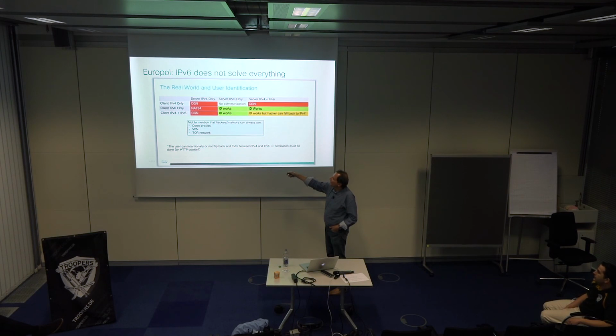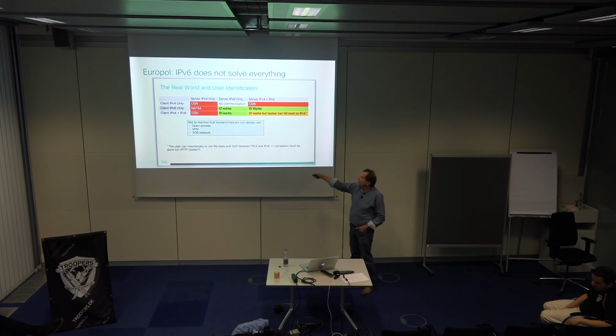Obviously, if the client, first row, is IPv4 only, and you're going to a server which is v4 only, CGN, bad luck. IPv4 only going to a v6 only, no communication, right? So it doesn't exist. And IPv4 only going to a dual stack, you use IPv4, right?